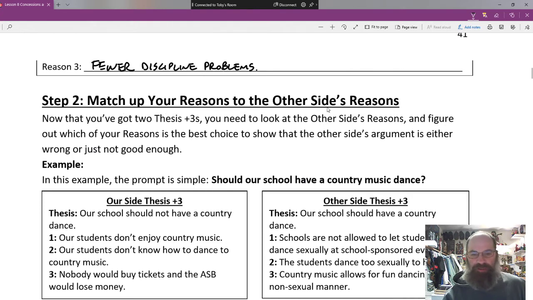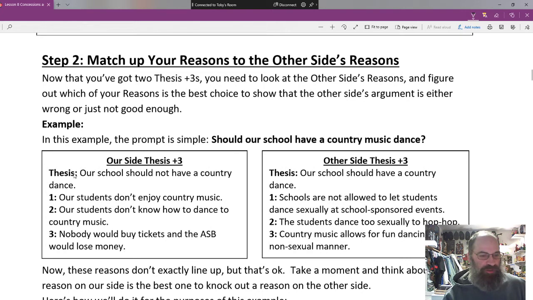All right, so match up your reasons to the other side's reasons. And so here's an example. And the prompt is simple. Should our school have a country music dance? So look, our school should not have. So wait, he switched. We were talking about same-sex education. Now we're talking about this. This is just an example for the example.